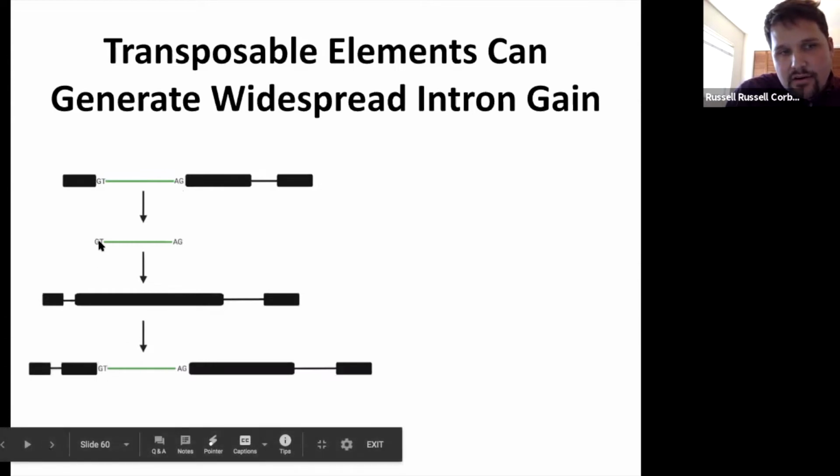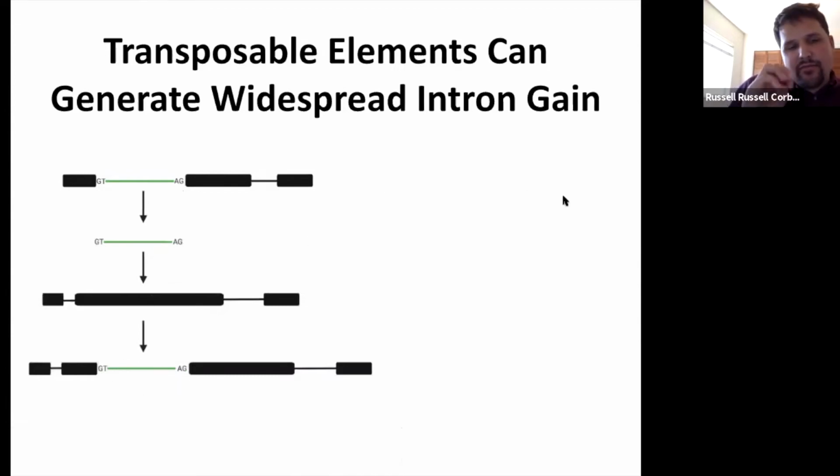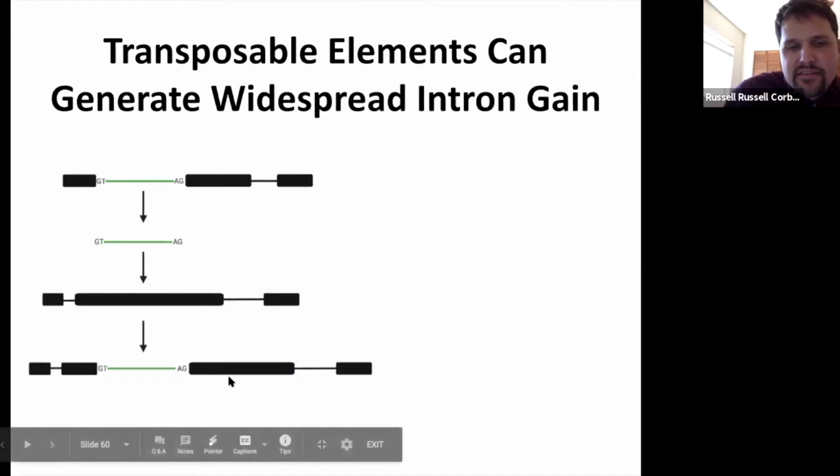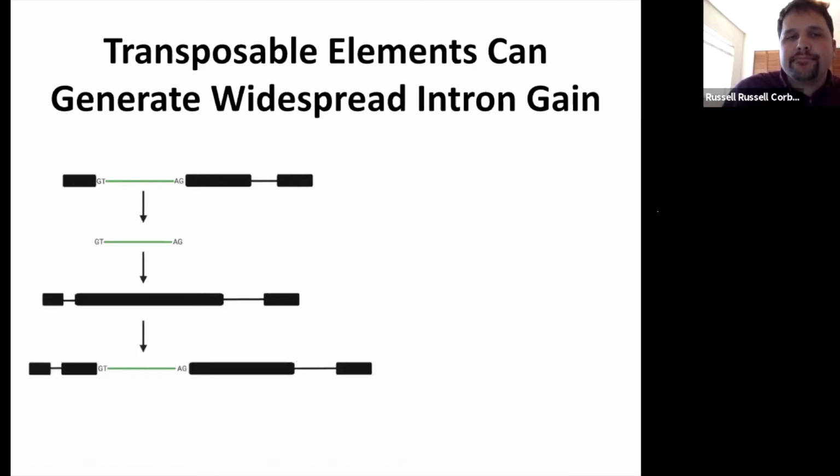Because it encodes its splice sites, this GT and AG, it actually splices correctly as an intron. And it isn't necessarily deleterious for the gene. It can just be removed by the spliceosome after this is transcribed from the genome, and you get nice, happy processed messenger RNA.